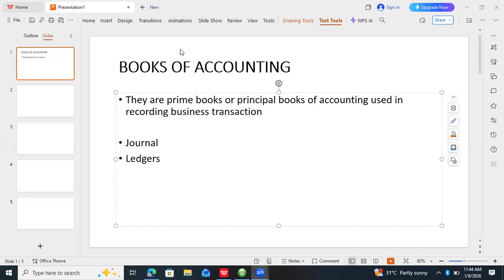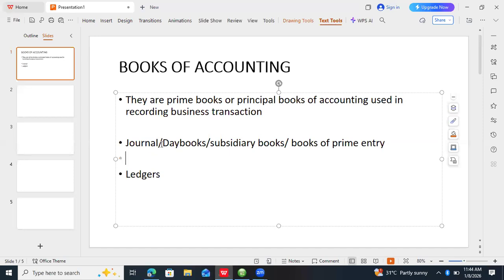So in accounting, we use two main books. Now these books are the journals and the ledgers. The journals are also known as day books, or they are known as subsidiary books, or they are also known as books of prime entry.